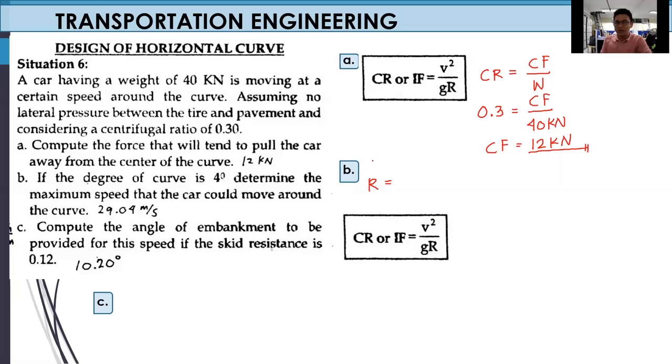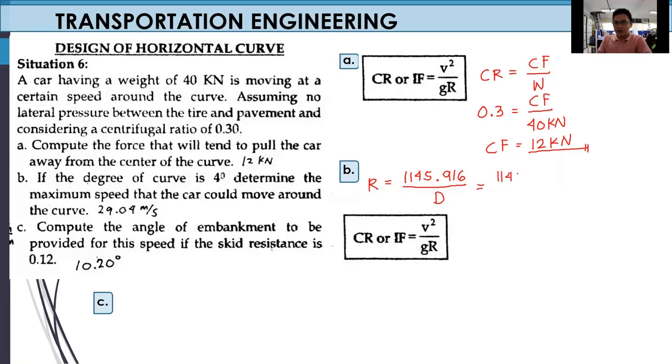Minimum or maximum radius na kailangan natin. Radius of our curve, kumbaga. So R is equivalent to 1145. This is constant, di ba? So you need to memorize this one divided by our degree of our curve. So binigay naman niya 4 degrees. So divide lang natin.